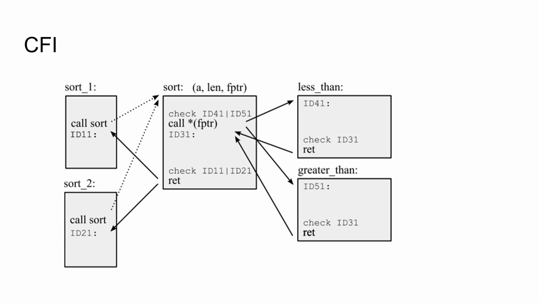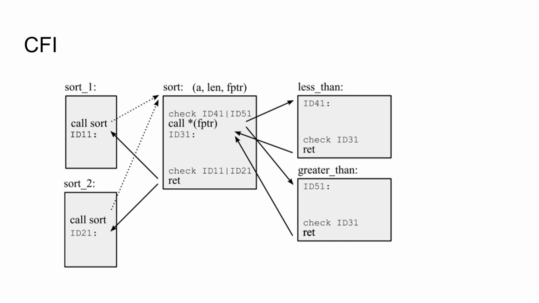Okay, so let's start with sort 1 on the left, and we see that there's a call to sort. The call to sort will at some point after doing either less than or greater than, I forgot which, return at the last instruction in the block in the middle in the sort routine. And just before the return, there's a check now.